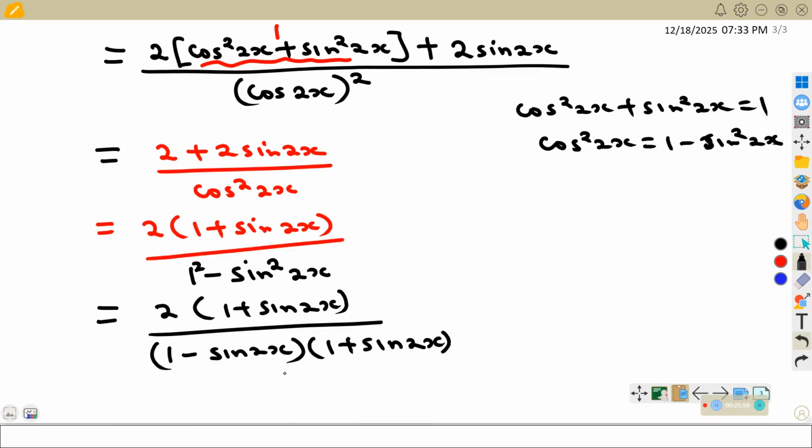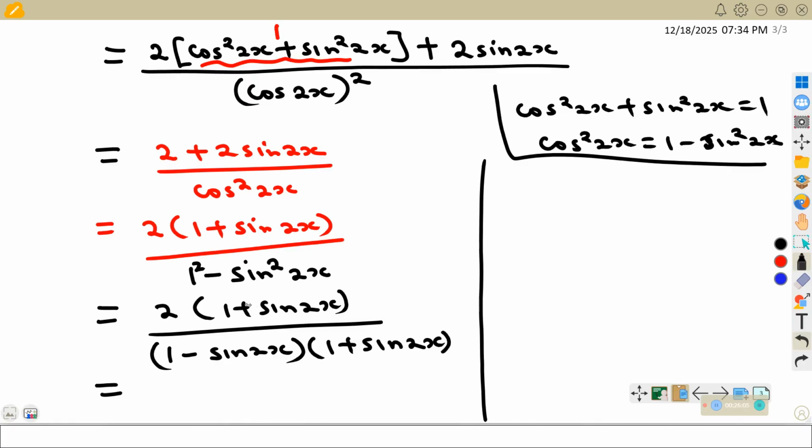I hope everyone will agree with us that this is a difference of 2 squares, which we can write as that. From here, we can easily see that 1 plus sine 2x will cancel with 1 plus sine 2x. And this will give us 2 divided by 1 minus sine of 2x. So this will be our dy dx.